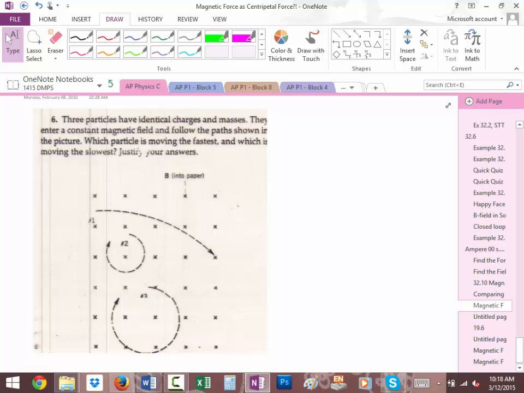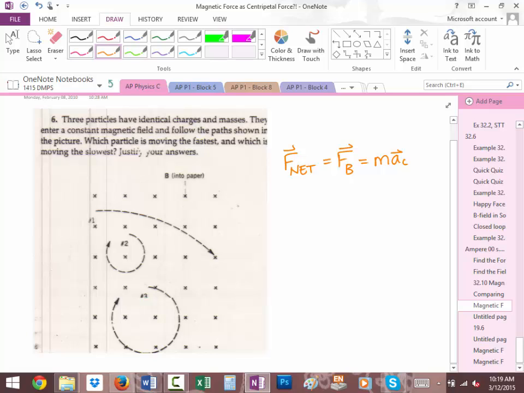The explanation would be because the force is proportional to the velocity. So it'll be a greater force. This will be a greater force for a greater velocity, and the greater force will create, so that's a greater force means that force is equal to mv squared over r.